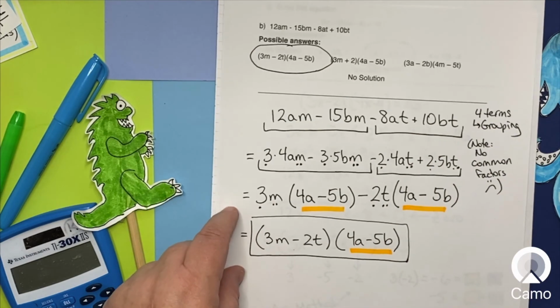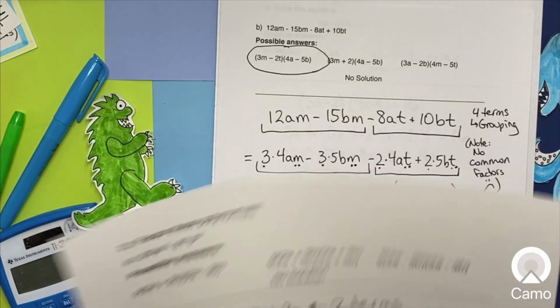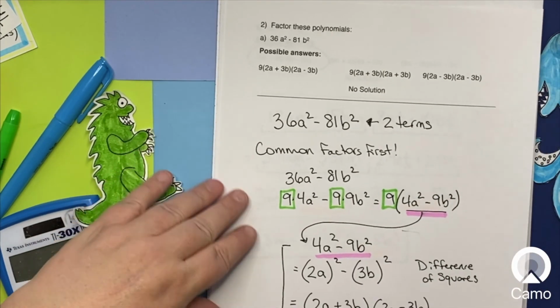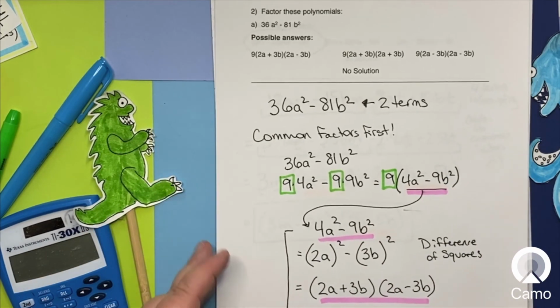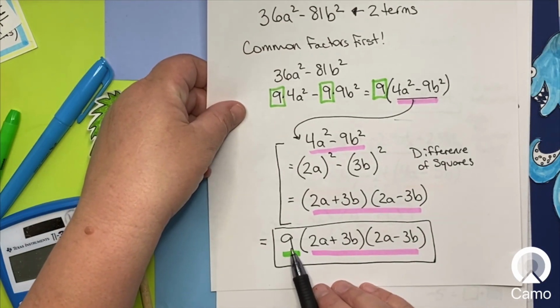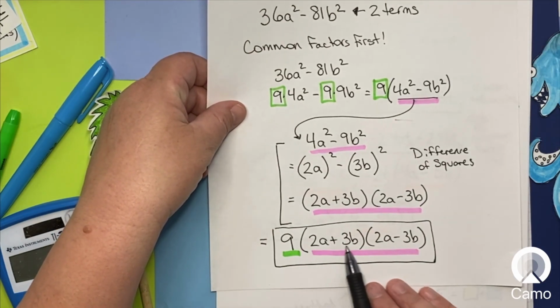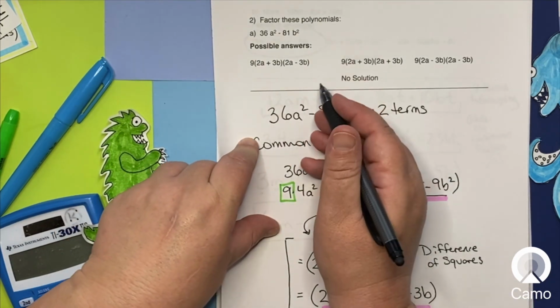Oops, sorry. That was a very excited big circle, and really an ellipse, but ellipse, circle, you know, they're close. They have a lot of the same properties. Not exactly the same. I'm looking for 9 times the quantity 2a plus 3b, 2a minus 3b. And I see it right there.